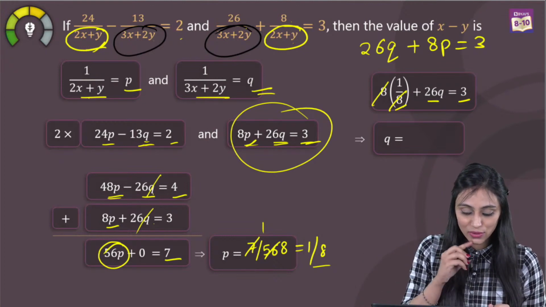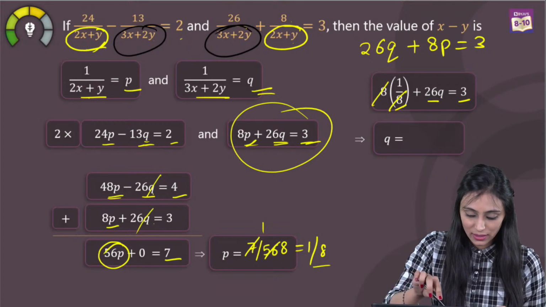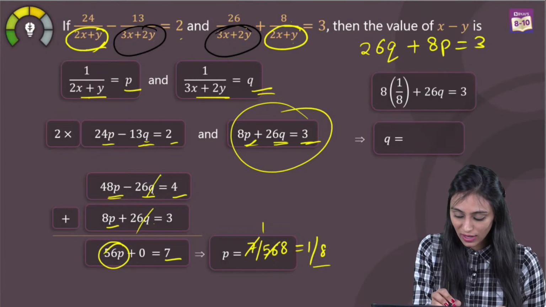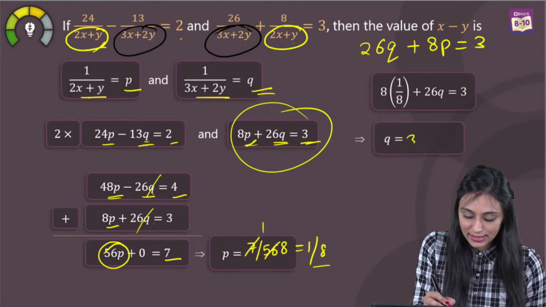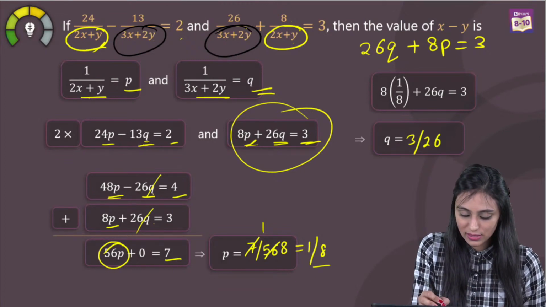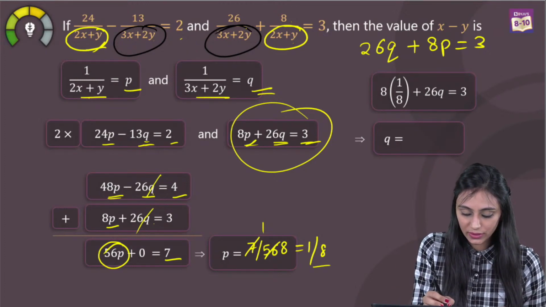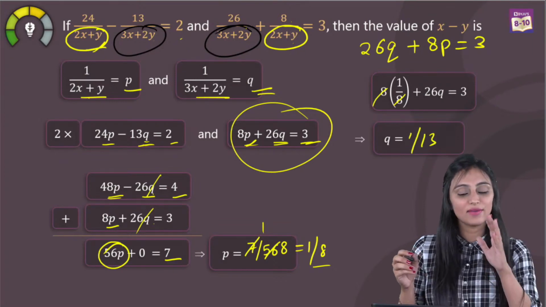Then the value of Q from here is going to be 3 by 26, right? So here we get the value of Q as basically 1 by 13. I'm sorry, this is 1 by 13. That's the value of Q now.